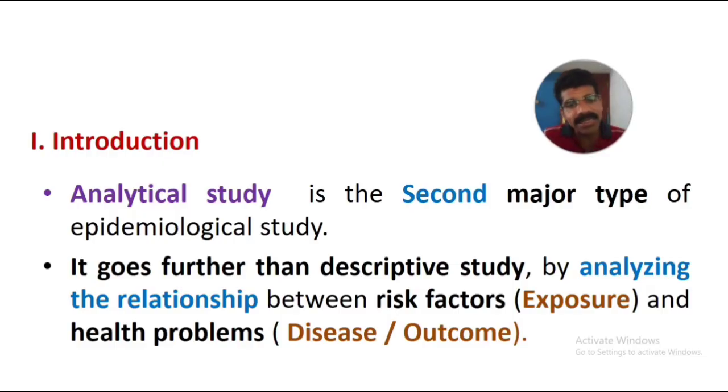But in analytical study we go beyond it by analyzing the relationship between the risk factors, that is exposure, and the health problems, that is the disease or outcome, among the people in the community. Thus, analytical study analyzes the relationship between the etiological factor, or determinants of the disease, and the disease or the outcome.